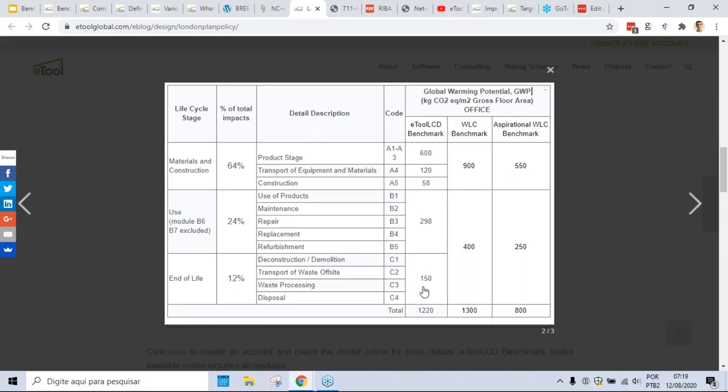We also have opportunity to look at the end of life impacts and understand the big ticket items from demolition and waste processing. So we can start discussing strategies for design for disassembly.